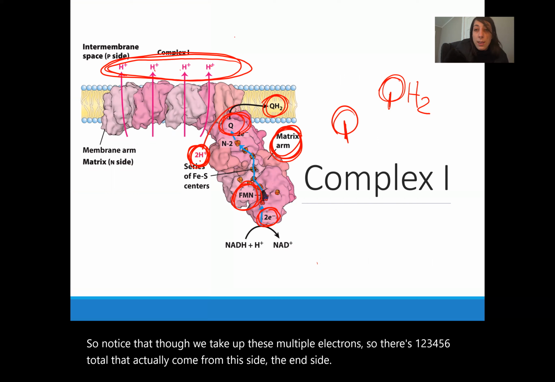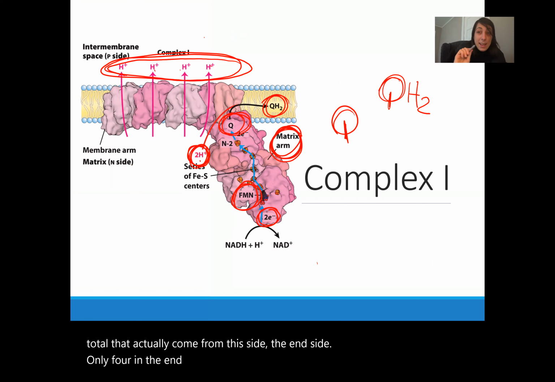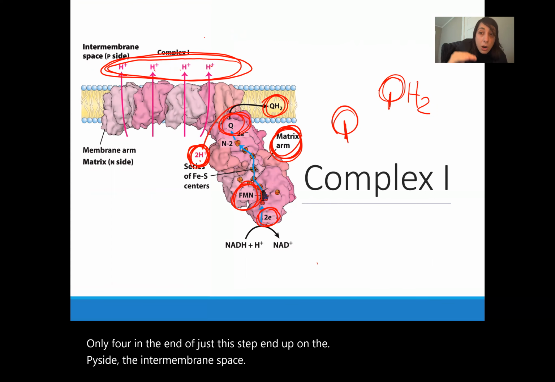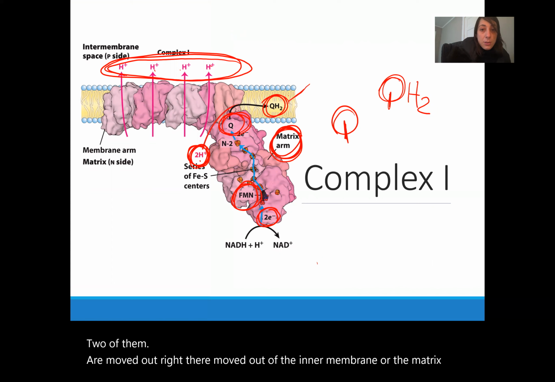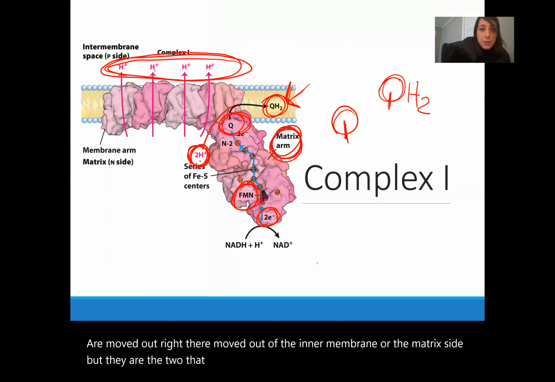Only 4 in the end of just this step end up on the P side, the intermembrane space. 2 of them are moved out, right? They're moved out of the inner membrane or the matrix side, but they're the 2 that are bound to that coenzyme Q.